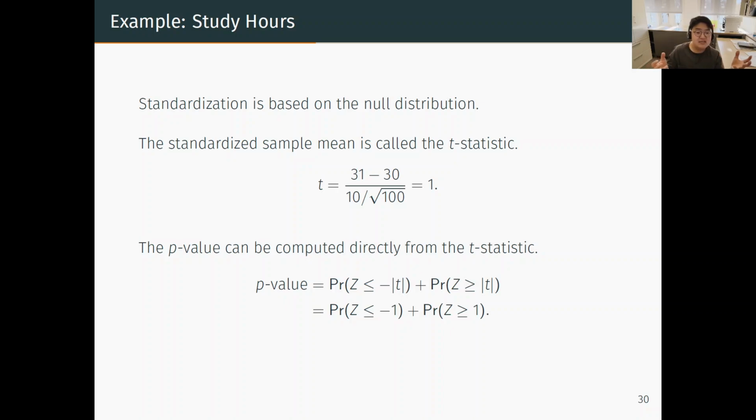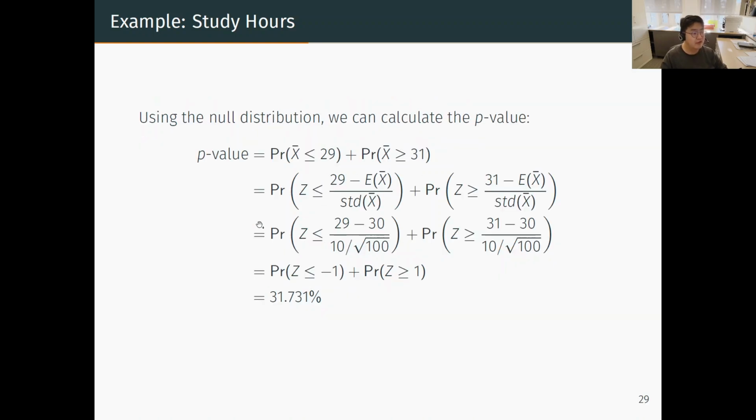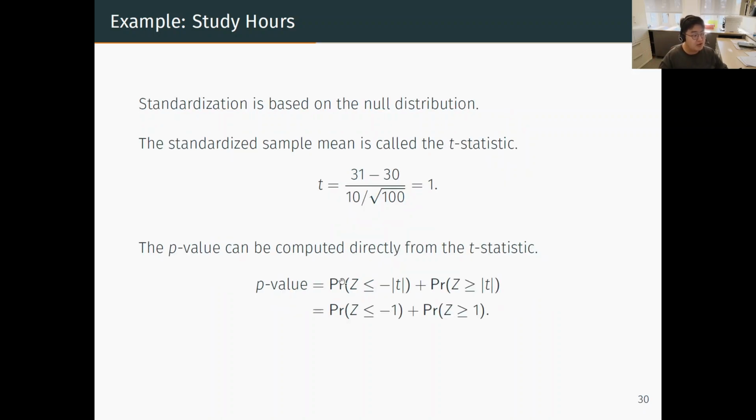But if the t-statistic is further away from 0, there is a significant difference between data and your belief, so you are more likely to reject. Then the p-value can be calculated based on this t-statistic, right? So we break this calculation into step 1 and step 2: standardization in one step, calculating the p-value in another. So then we can write it this way.